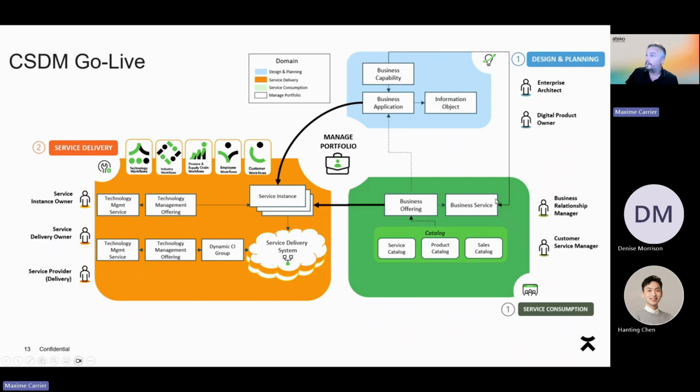If you start with your business services, your offerings are dependent on your service instance, right? They're dependent on the deployed stack of infrastructure components that makes an application consumable. Okay, that's all I want to mention about this slide.